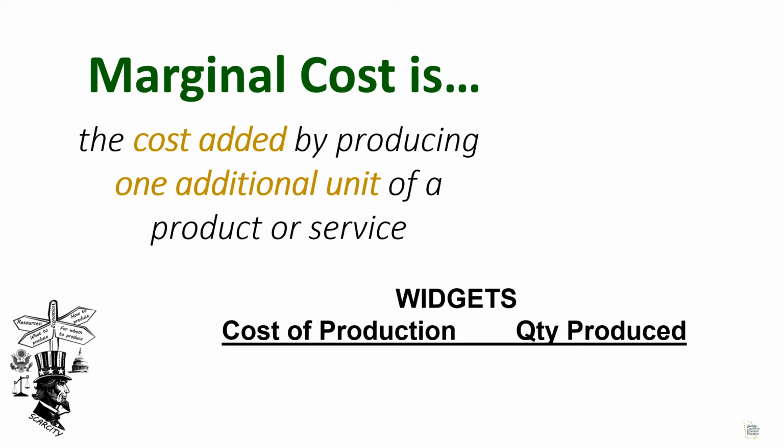Any of you guys that have taken any kind of business courses, you're familiar with this: the widget is the imaginary product that we use to apply all business and economic concepts to. So just to give you a basic understanding of marginal cost, as defined by the cost added by producing one additional unit of a product or service, let's say we're making widgets.